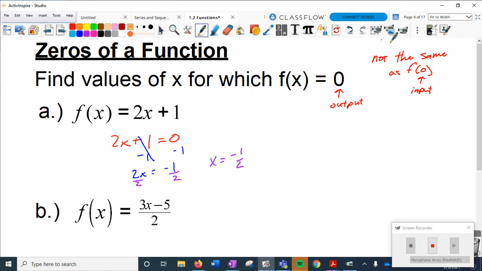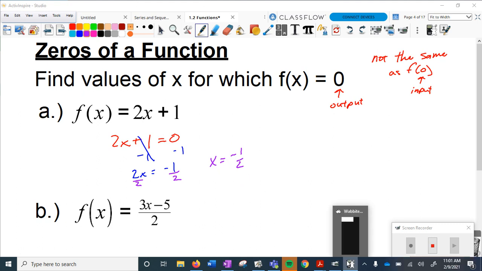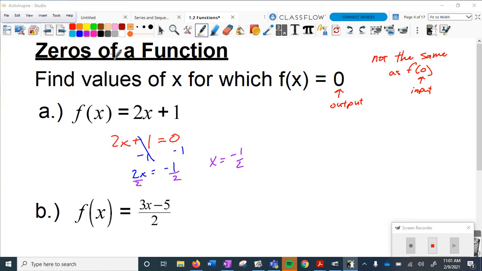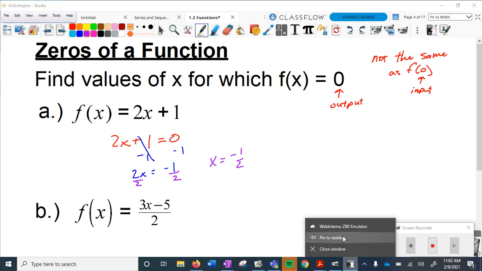And as always, we can check our answers. That's the beautiful thing about math: you can always check your answer. Let me get this to show up just a second here.